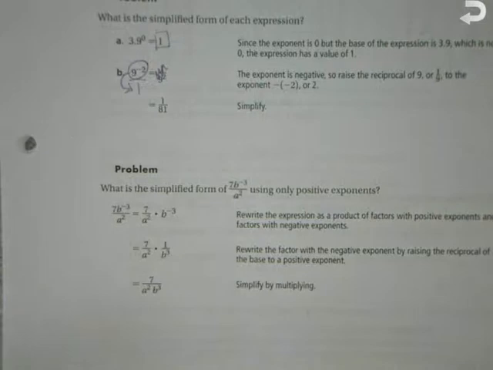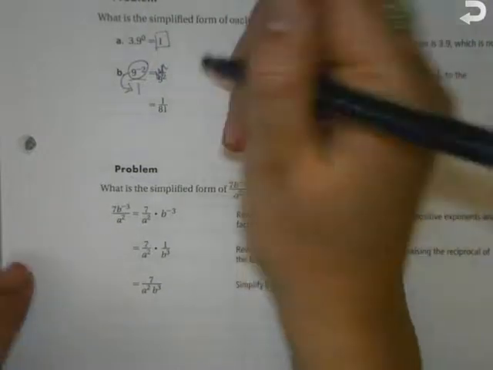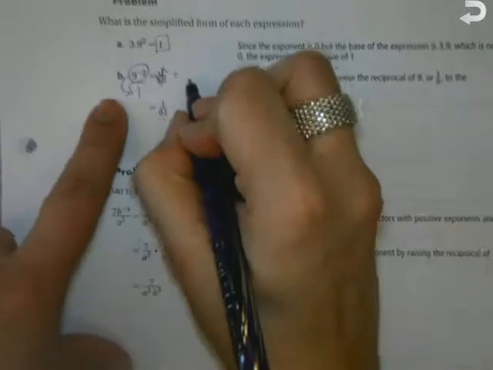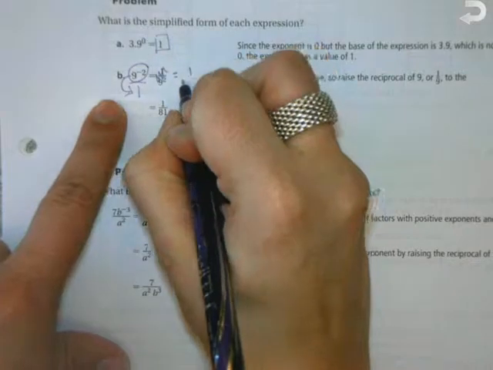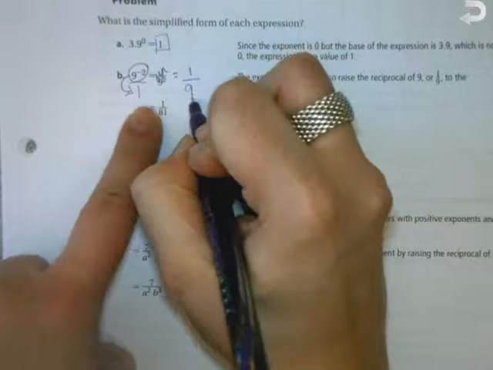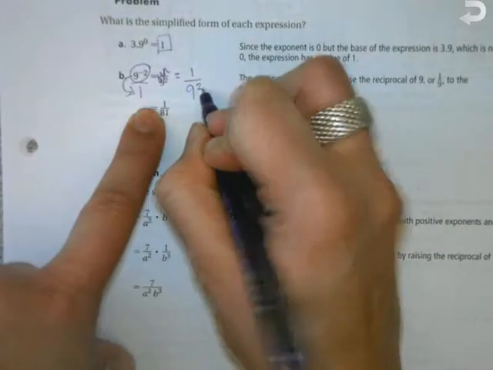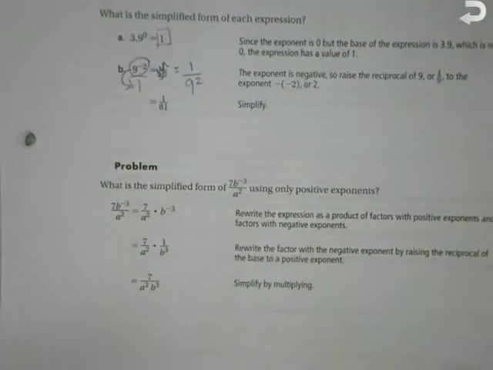So in my numerator now, I don't have anything, so I put a placeholder of 1. And now 9 is in the correct place, so I make that exponent a positive exponent. So it becomes 1 over 9 to the 2nd. What is 9 to the 2nd, guys? 81. So the answer comes out to 1 over 81.